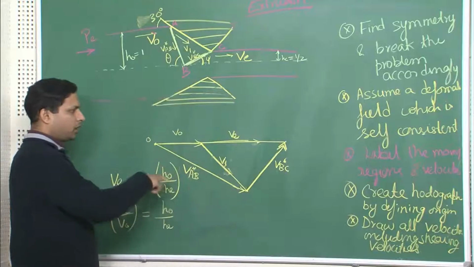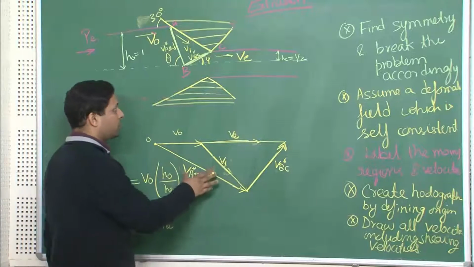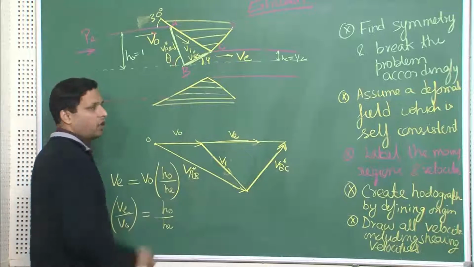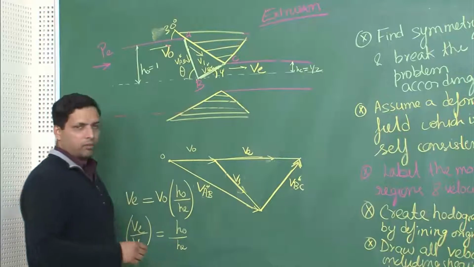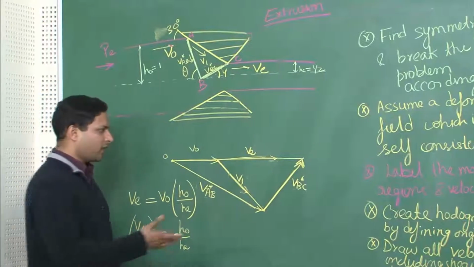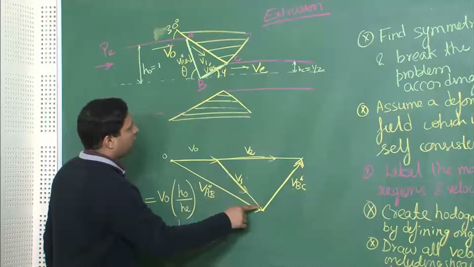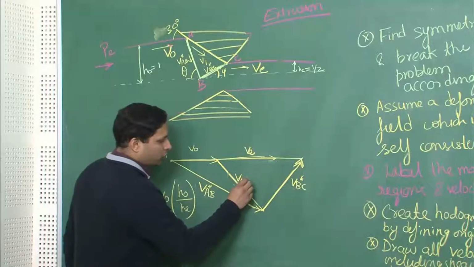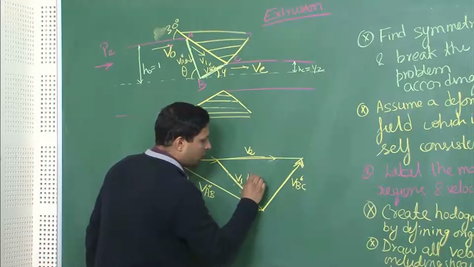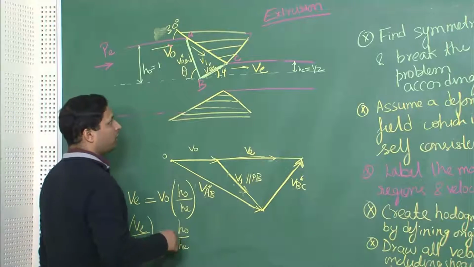I am not showing it here from this particular diagram. You may not be able to see it because we do not have the exact values of theta and psi, and moreover the drawing that I have made here is not exact, it is just a rough sketch. So, although I said that V1 should be parallel to AB, in the real drawing it may not have come out parallel to AB.